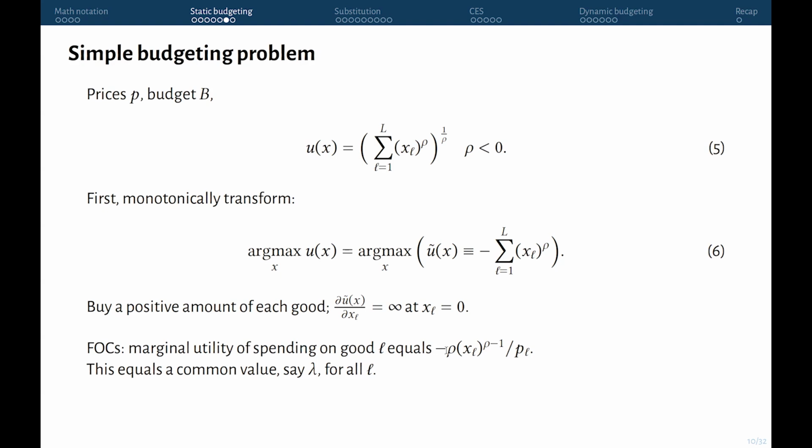And that marginal utility of spending on a given good, on good L, that'll be the marginal utility of good L itself, that's the numerator here, divided by PL, because for every dollar you spend, you only get 1 over PL units of good L. So this is utility per unit, 1 over PL is the number of units you get. That's going to equal a common value for all the goods. Let's call it lambda.